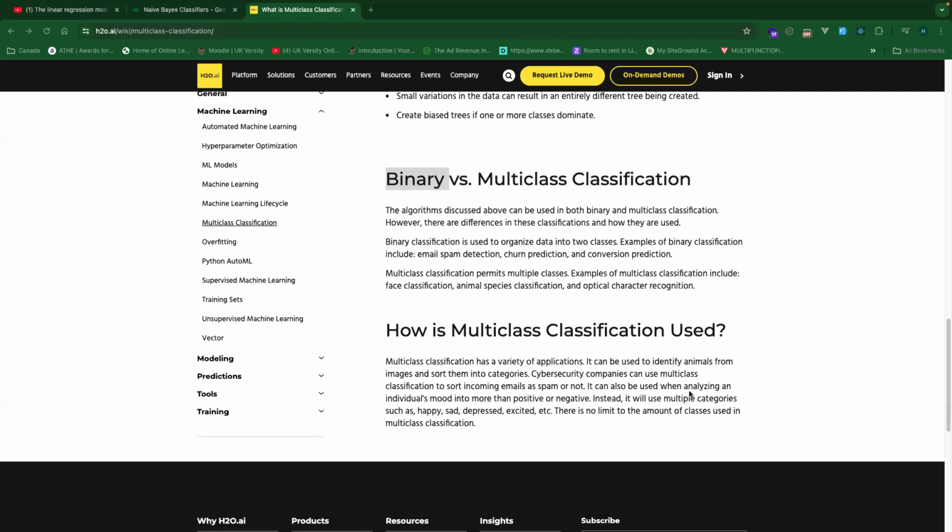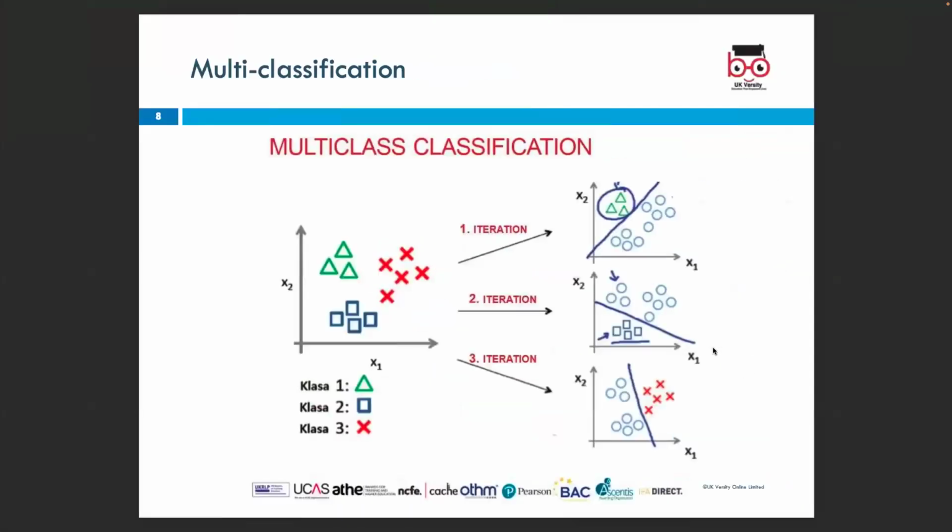So let's move on. Here we have class 1, class 2, and class 3, and iteration 1, iteration 2, and iteration 3. This is the flow.